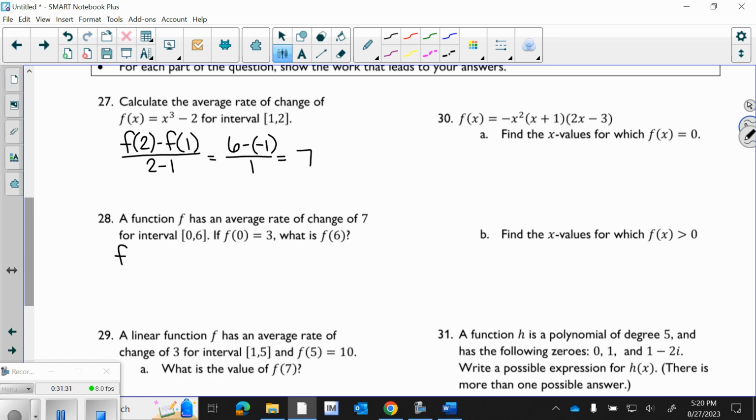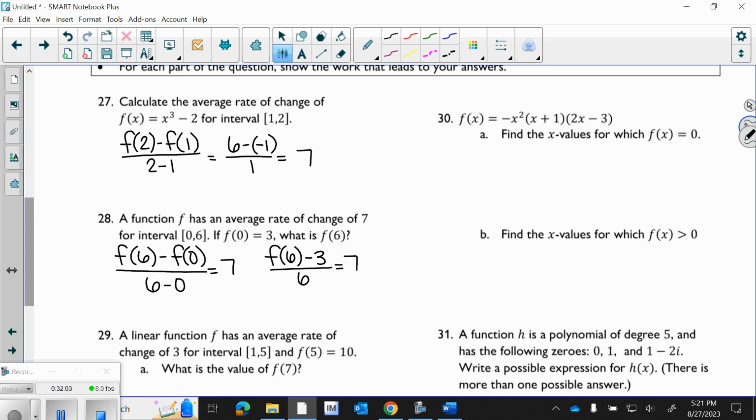So if I do f of 6 minus f of 0 divided by 6 minus 0, and I set it equal to 7, now I can fill in the parts that I know. Well, I don't know f of 6. That's what I'm solving for. I do know f of 0. F of 0 is 3. I can go ahead and simplify the denominator, and I get 6.